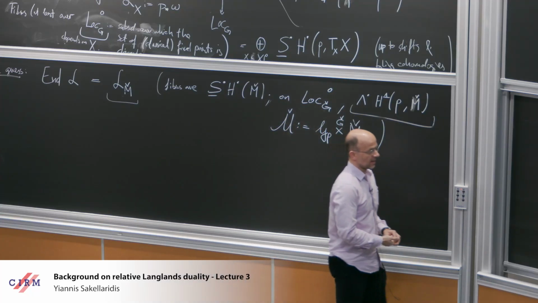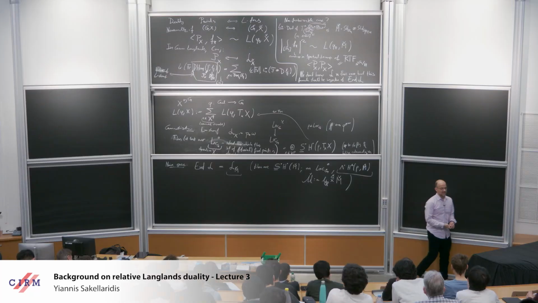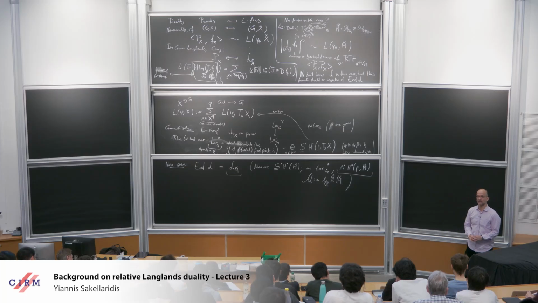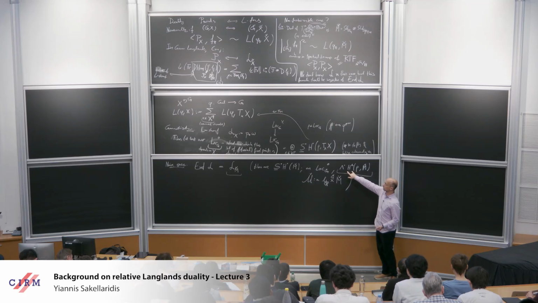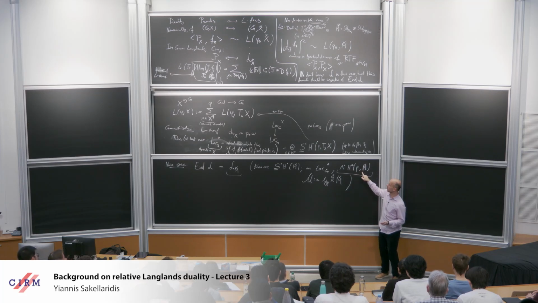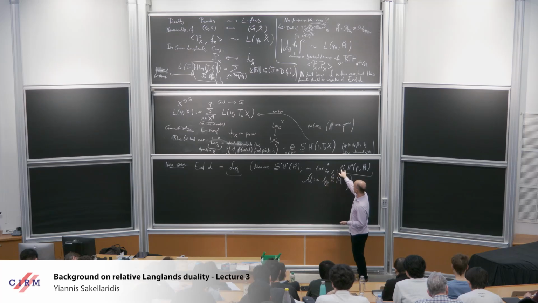Okay? The problem is that this doesn't even match the factorizable, the polarizable case. Because in the polarizable case, this would be supposed to be the endomorphisms of some object of the same form, except that here you put not M check, but a Lagrangian in M check. Okay? And the exterior algebra is not a matrix algebra.